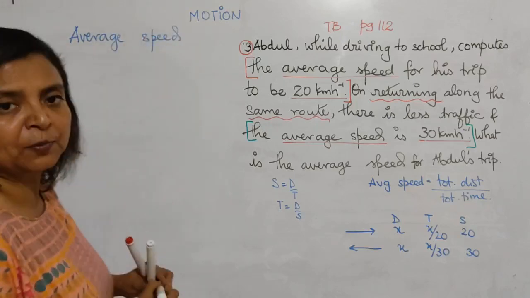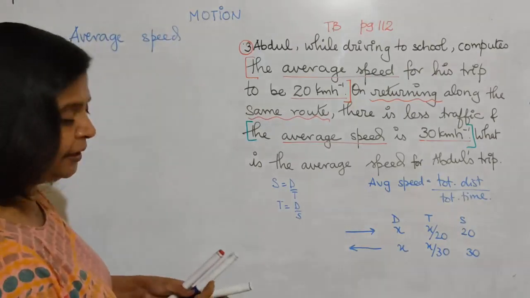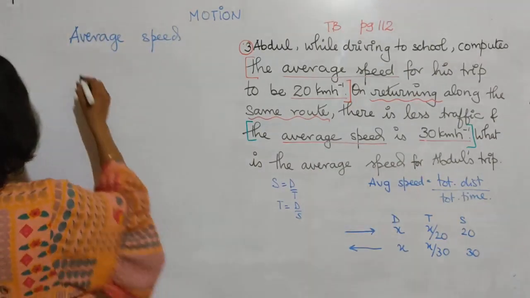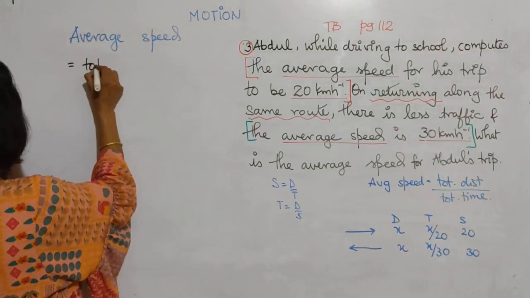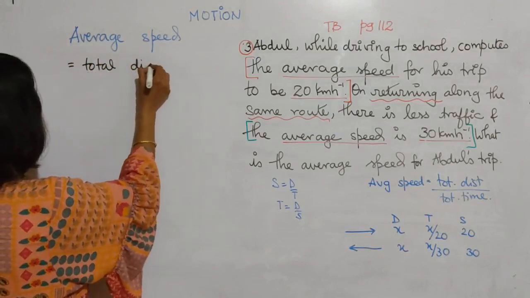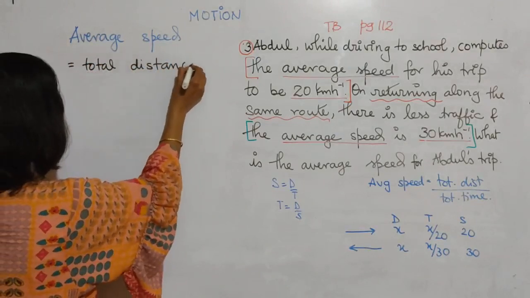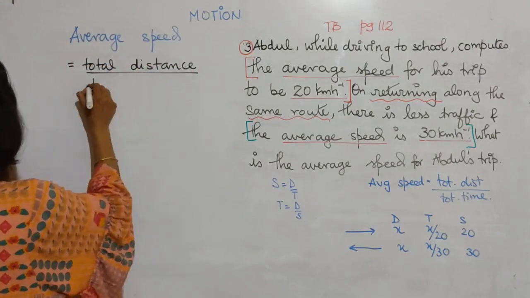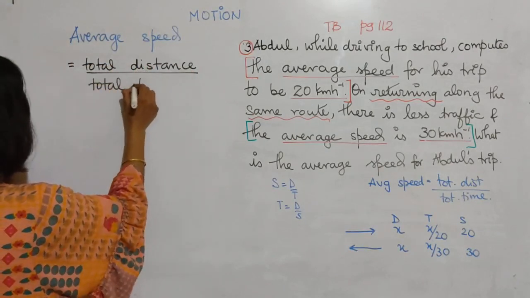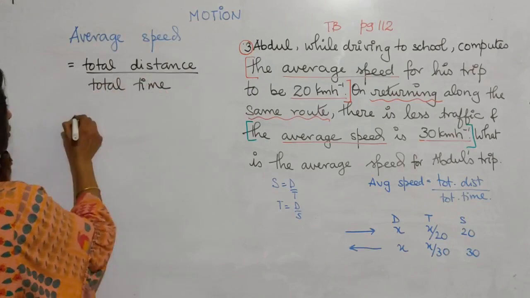So the average speed for the entire journey, I repeat, to and fro, is total distance upon total time. That was simple.